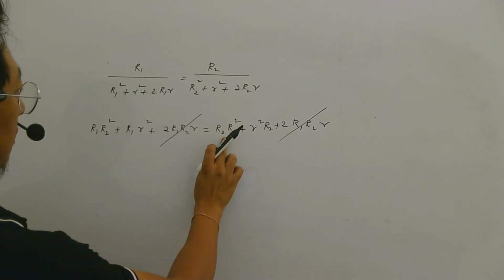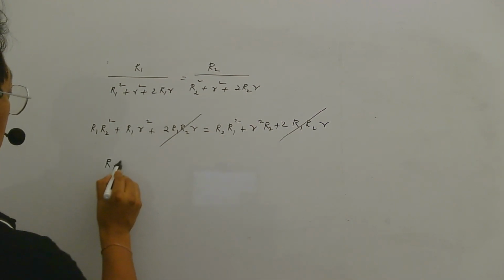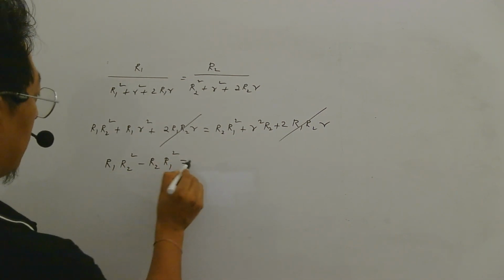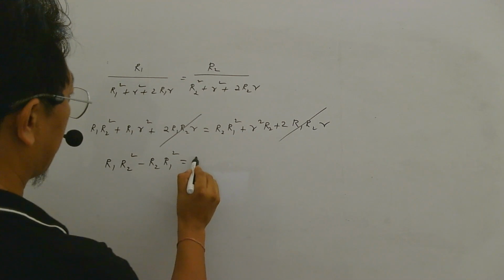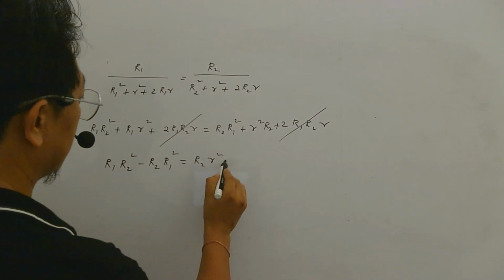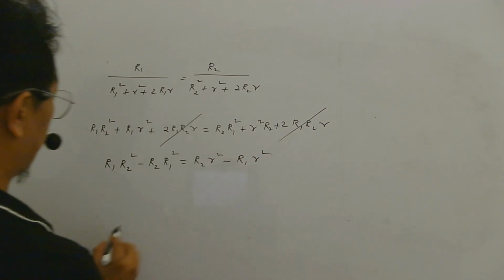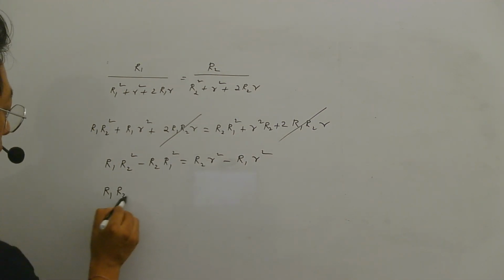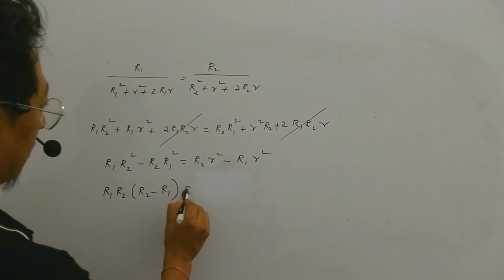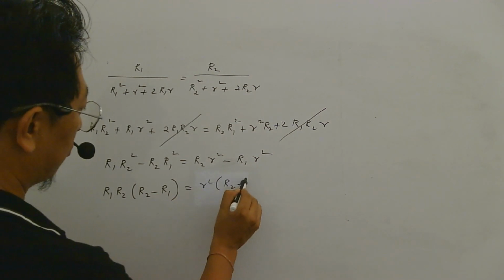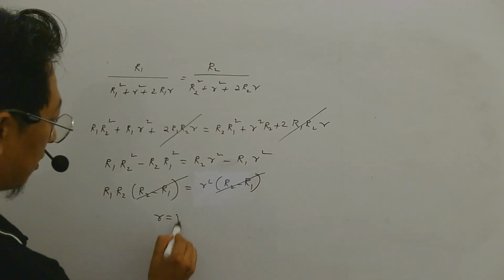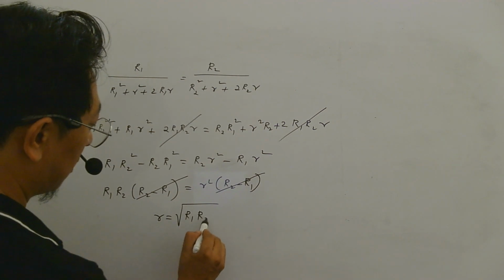And here if I bring this one this side, I will get R1 R2 square minus R2 R1 square equals to, take this one that side, R2 r square minus R1 r square. Here if I take R1 R2 common, I will get R2 minus R1, right? And here if I take r square common, R2 minus R1, R2 minus R1 cancel. So small r will be under root R1 R2.